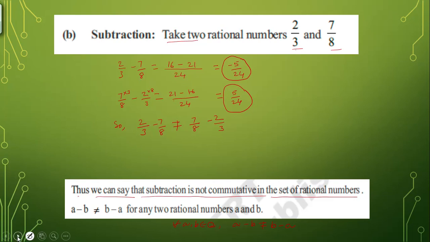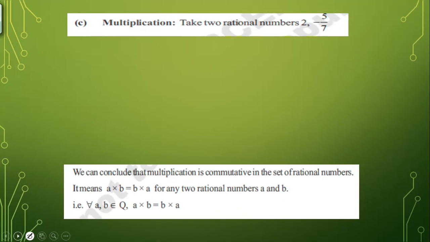Then we move to the third operation, that is multiplication. Take any two rationals. Here on the screen we have taken 2 and 5 by 7. Now we proceed. First instance, you write 2 into 5 by 7. In the second instance, you change the order: first you write 5 by 7 into 2. Now you observe what happened.